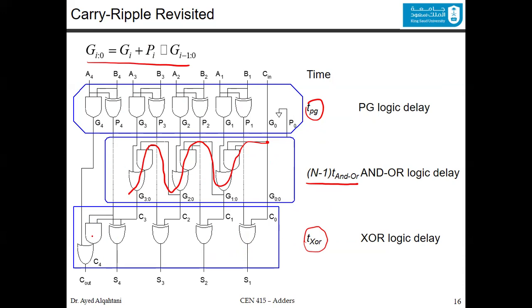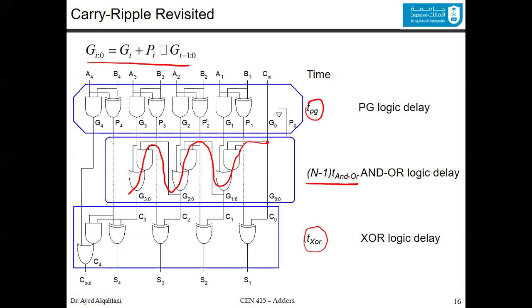This one is actually within the XOR logic delay, and we say that it is T XOR. So here the delay is n-1 times the time of AND and OR, times this delay. And this is what we mean by the carry ripple addition.